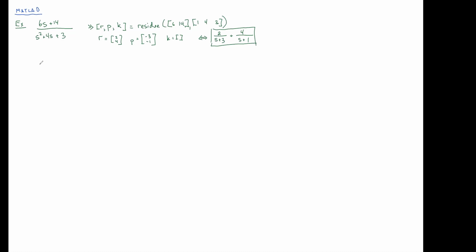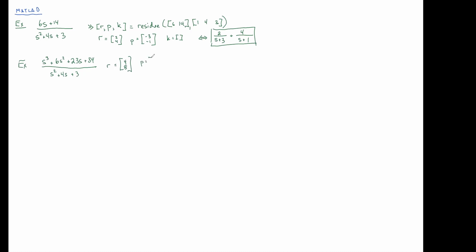How does it handle problems in which you've got a non-zero k? How does it handle improper fractions? If the fractions are improper, and this is clearly very improper, then your r vector for this will be 4, 8.